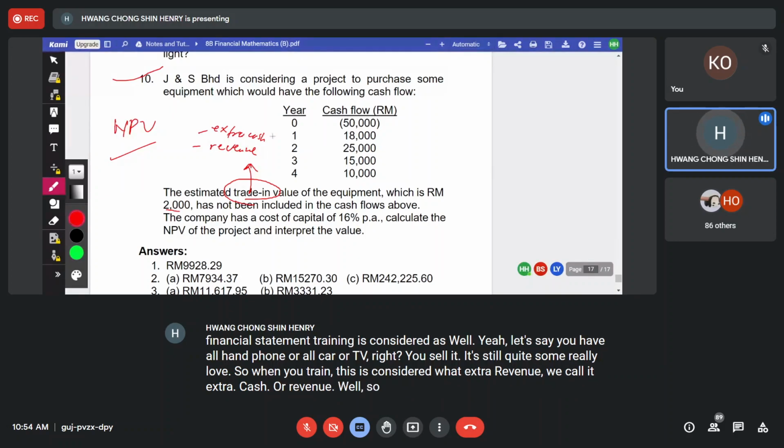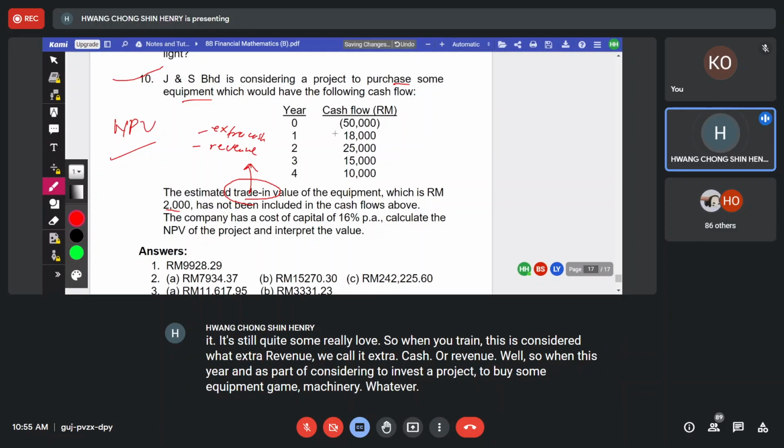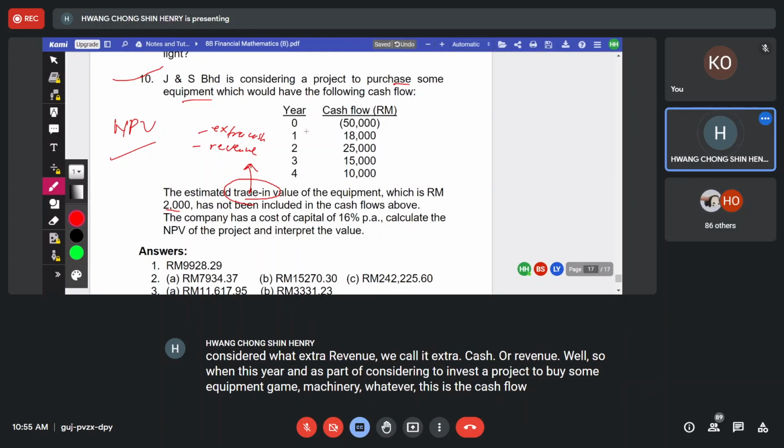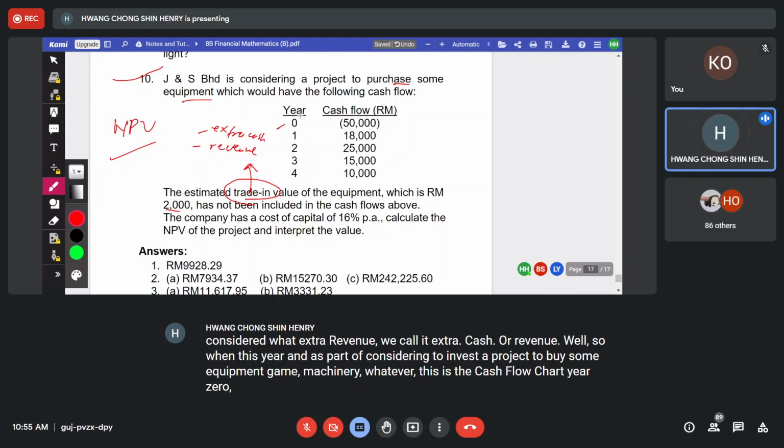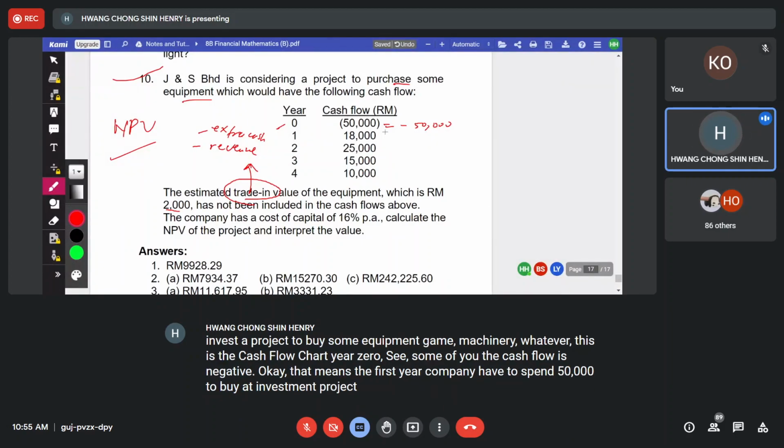So when this J and S Berhad is considering investing in a project to buy some equipment, machinery, whatever, this is the cash flow chart. Year 0, see, starts from year 0, the cash flow is negative. That means in the first year, the company has to spend 50,000 to invest in the project, to buy some machine.